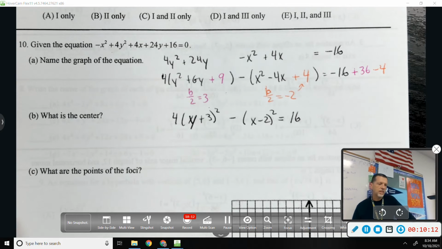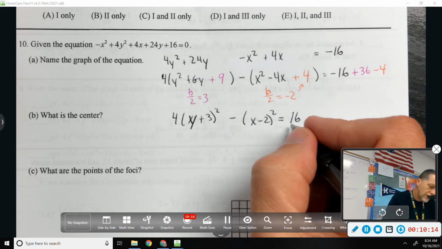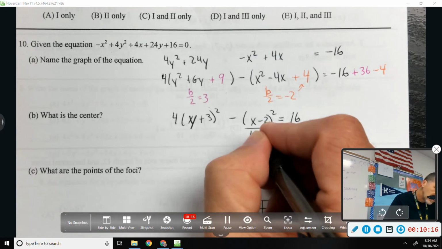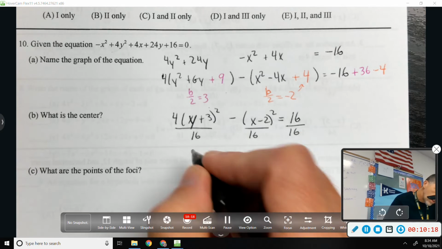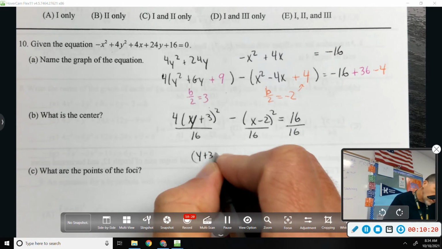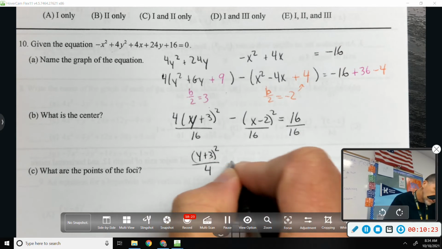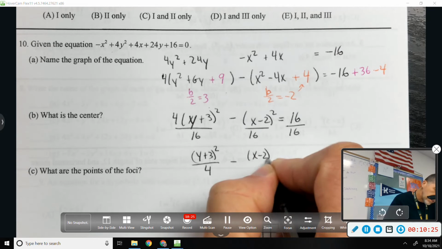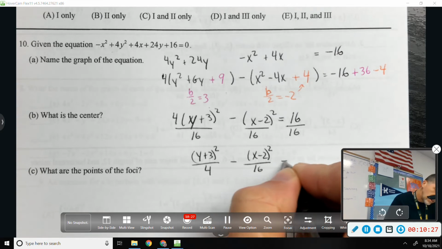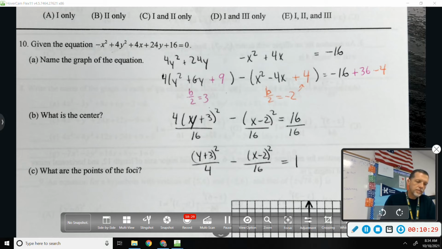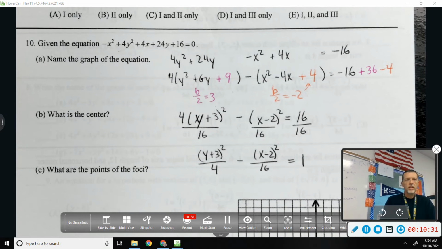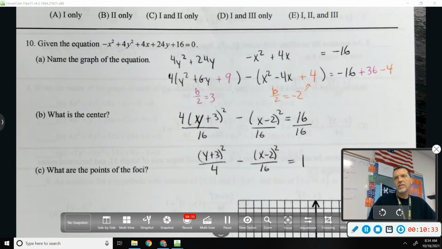You can divide everything by 16. Yep. Let's divide everybody by 16. So (y plus 3) squared over 4 minus (x minus 2) squared over 16 equals 1. Okay, now it's in the form we like it.